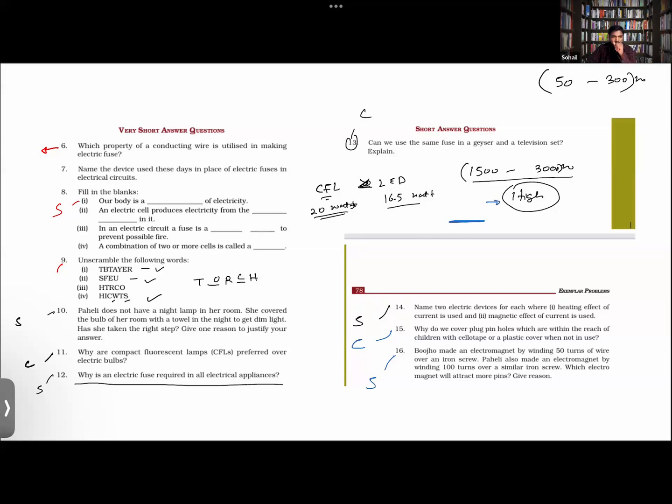Why do we cover plug pin holes which are within the reach of children with sellotape or a plastic cover when not in use? We do that for various reasons.